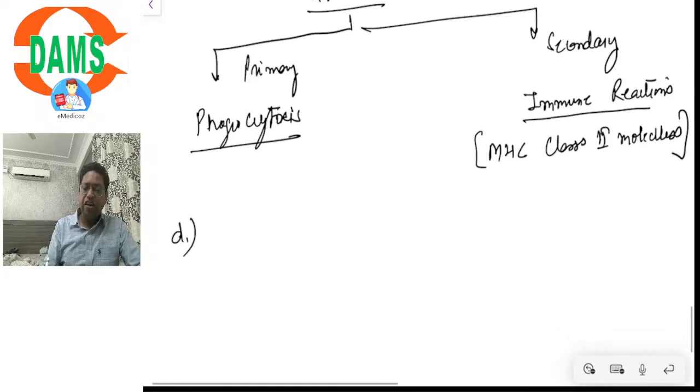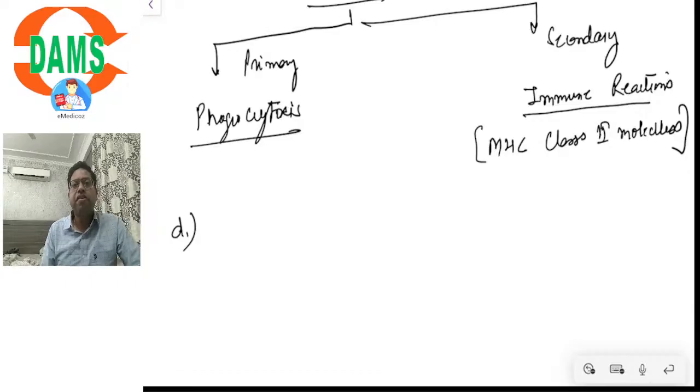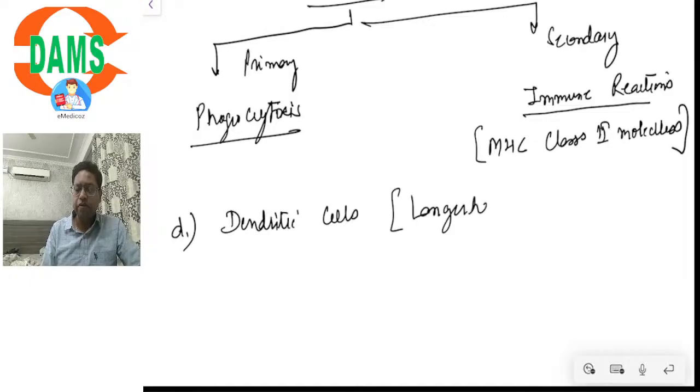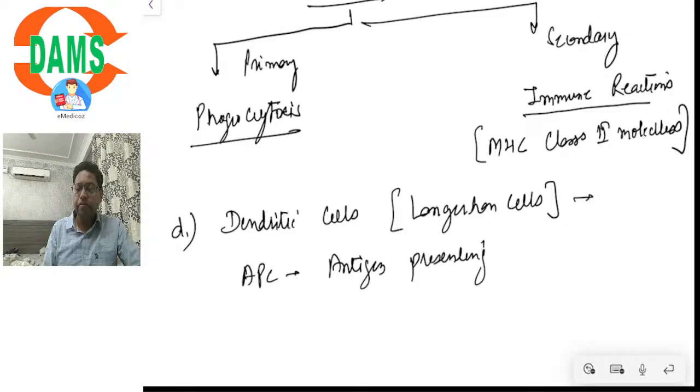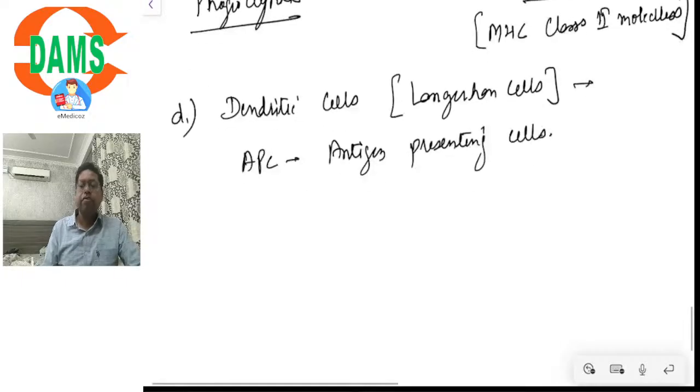Another cellular element which is predominantly present in the cell-rich zone is the dendritic cells. These are also called Langerhans cells or simply APC, that is antigen presenting cells. We are discussing the cellular components of dental pulp.